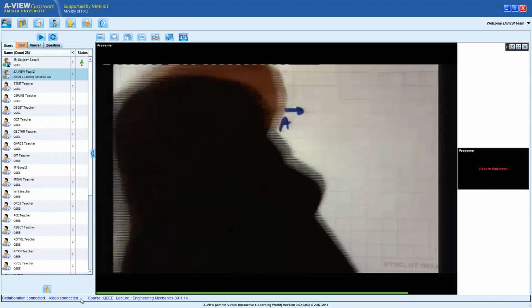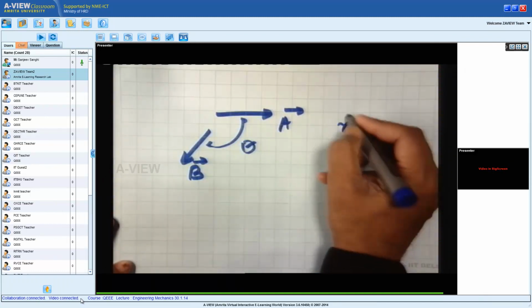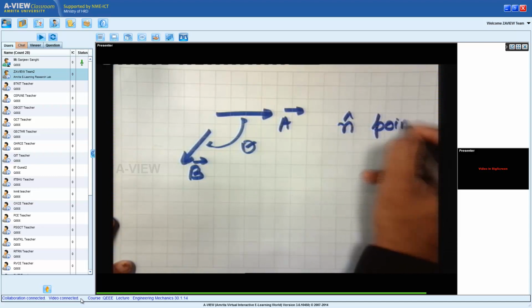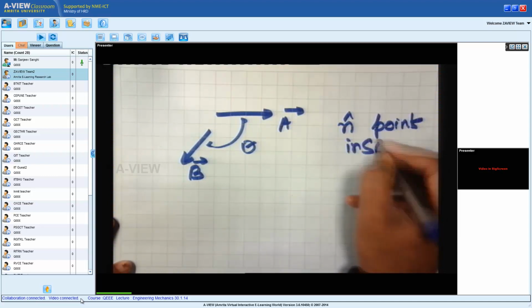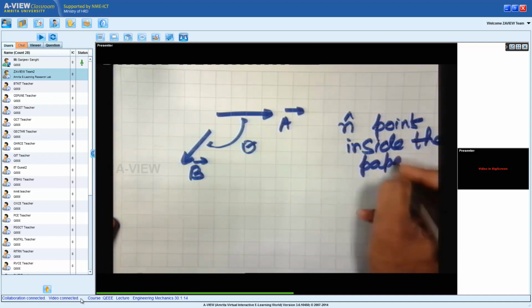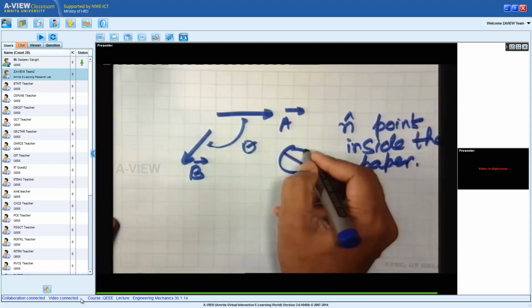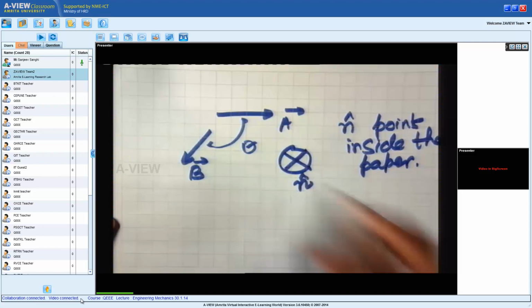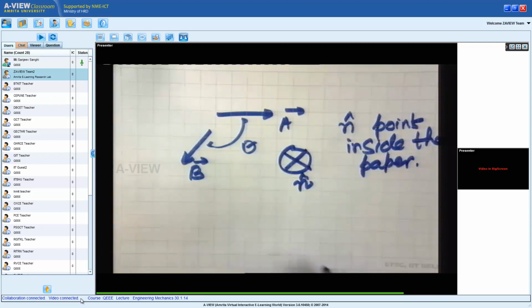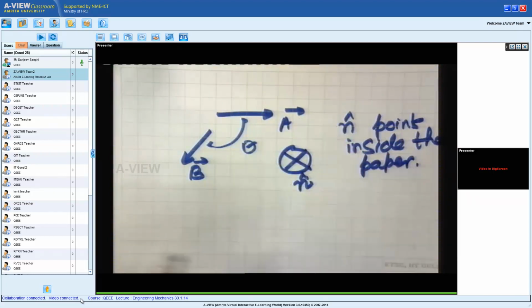My thumb is pointing inside the paper. So therefore the n direction here points inside the paper. So how do I represent that? That is shown as a circle with a cross. That means if the arrow is going inside the paper, what will you see on the paper? The tail of the arrow. So this X represents the tail of an arrow.